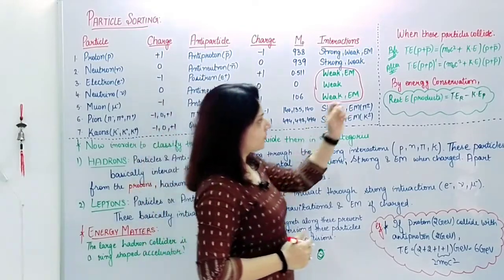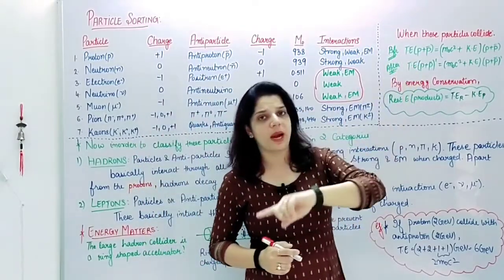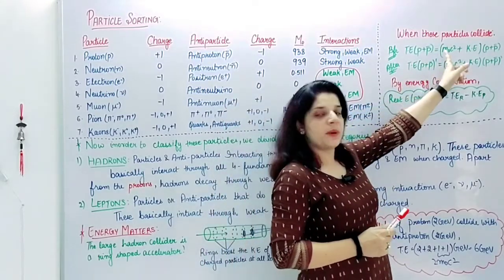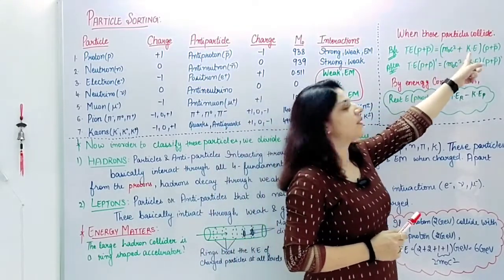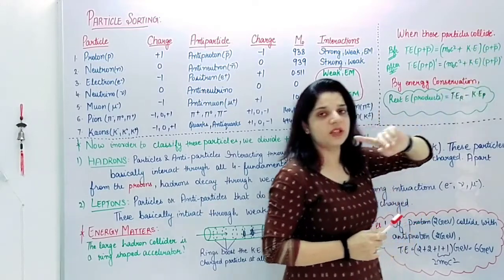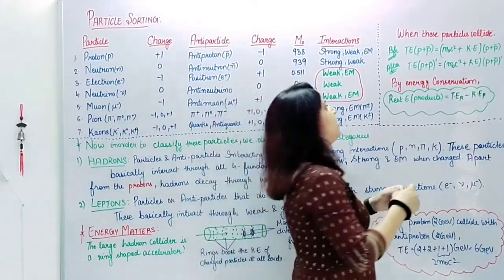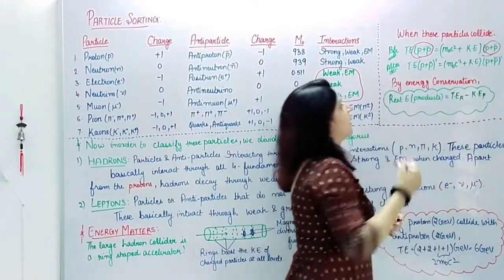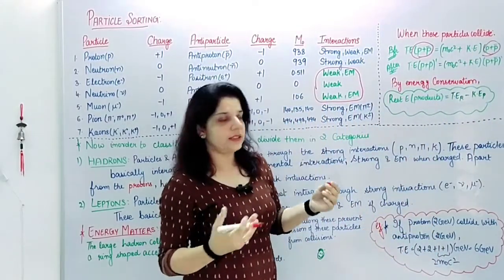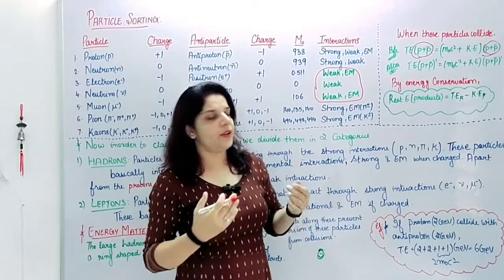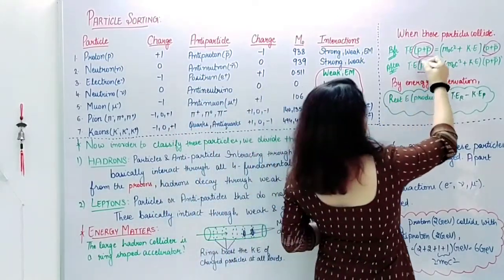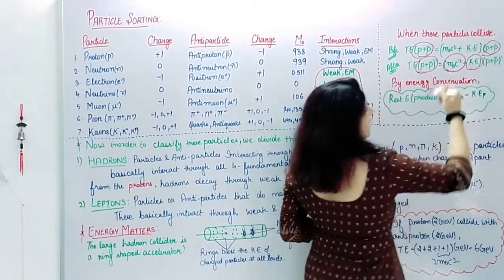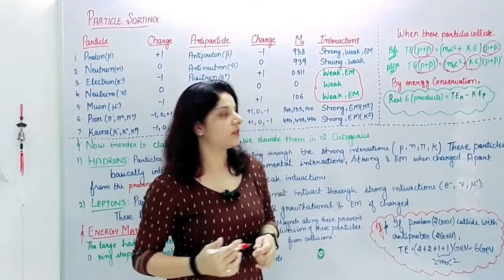We say the total energy of the particle and its antiparticle is the rest mass of both plus the kinetic energy of both. This is not mathematical multiplication but denotation. This P plus P bar is for both the particles. Then these are the reactants, but after they collide, total energy will be, this is the products, again the rest masses and the kinetic energy of both the particles.